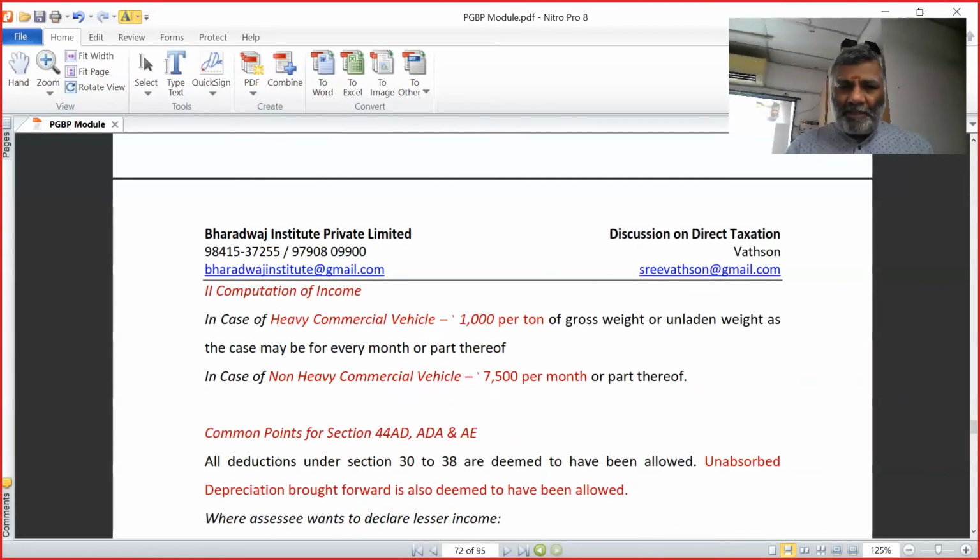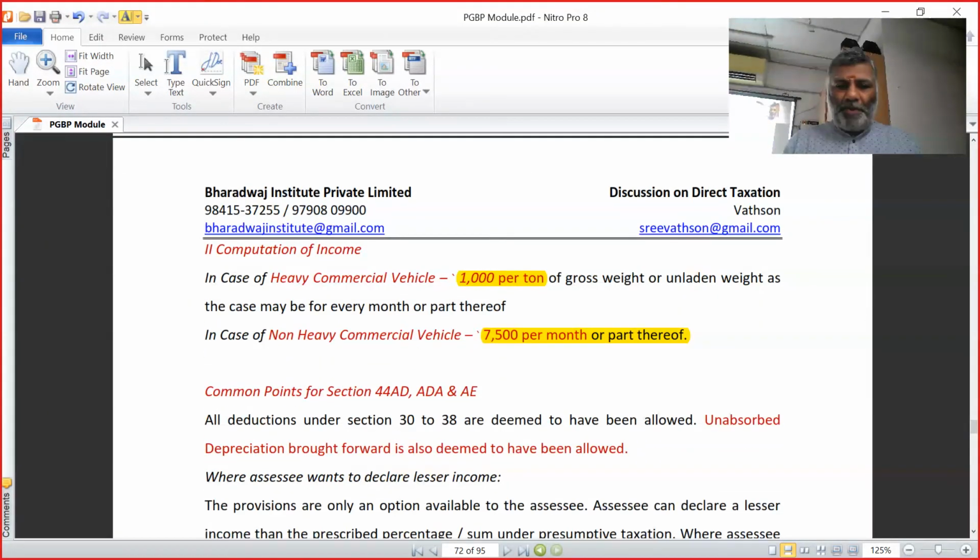Income is, for HCV, rupees 1000 per ton, which technically means 1 kg 1 rupee, per month or part thereof. Even part of the month will be taken as 1 month, and for non-HCV, 7,500 per month or part thereof. Not on the months of usage. It will be computed for every month from the month of purchase.